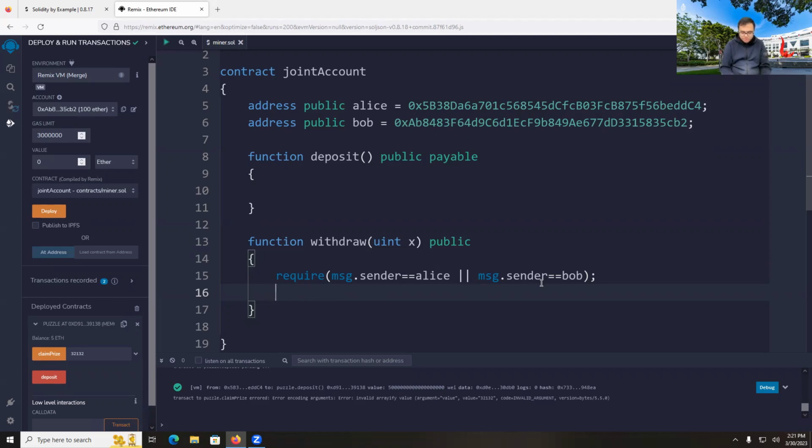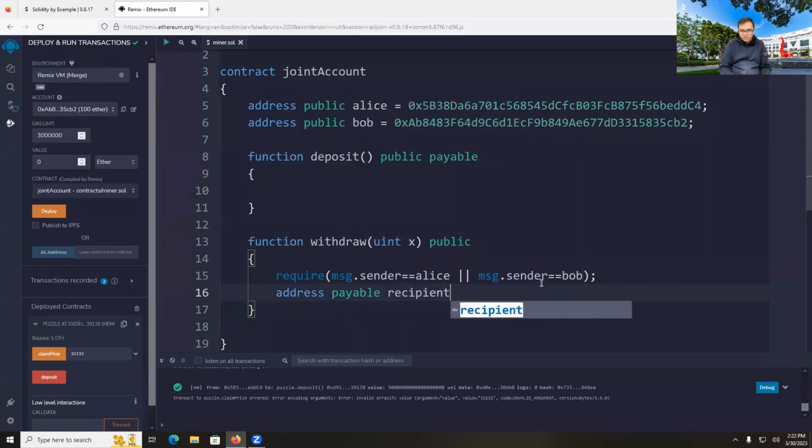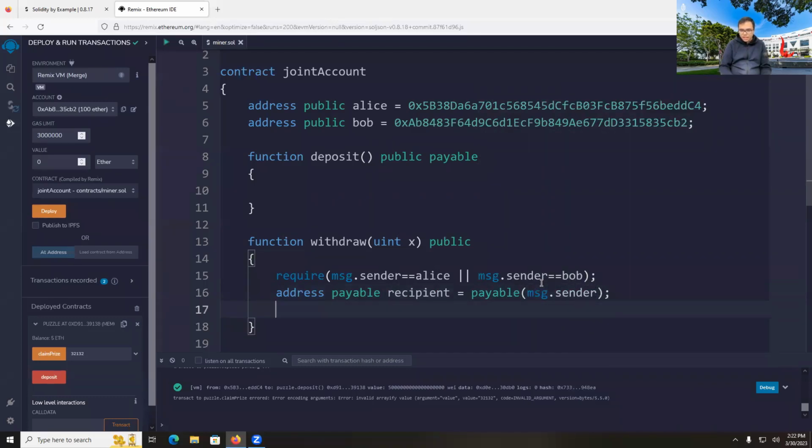And then I'm going to just say, let's again have a recipient, which is going to be msg.sender. And let's just say recipient of transfer. Okay.